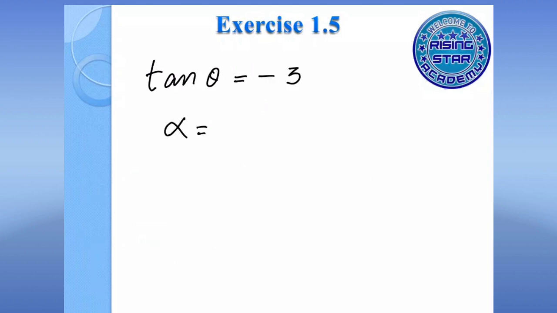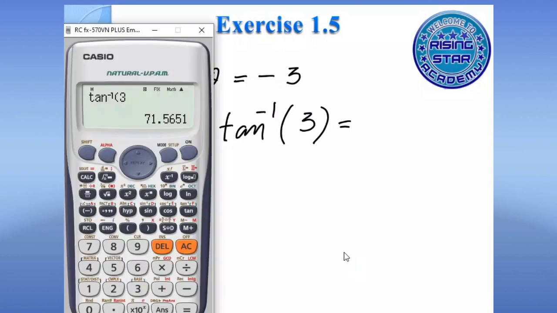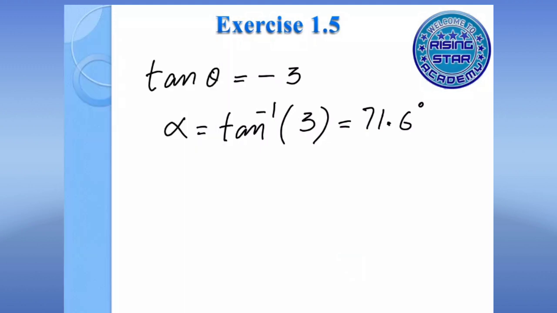So now we will find the basic angle. So tan inverse of 3, so we'll use the calculator. So tan inverse of 3 is 71.6 degree. We will write it to the nearest tenth. Now we know that the tan is negative in the quadrant number 2 and the quadrant number 4.